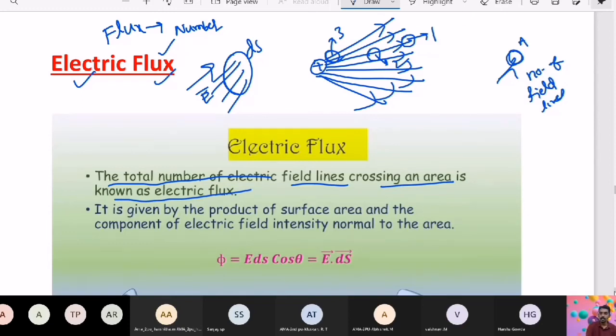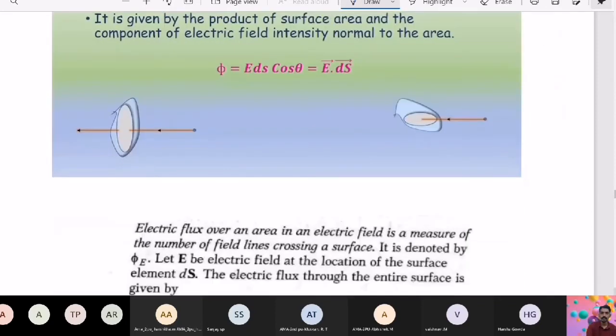And the mathematical expression is given by this formula: flux is equal to E dot dS, with E and dS as vectors. So it is the dot product of the surface area and the component of the electric field perpendicular to it. Suppose this is the surface area.